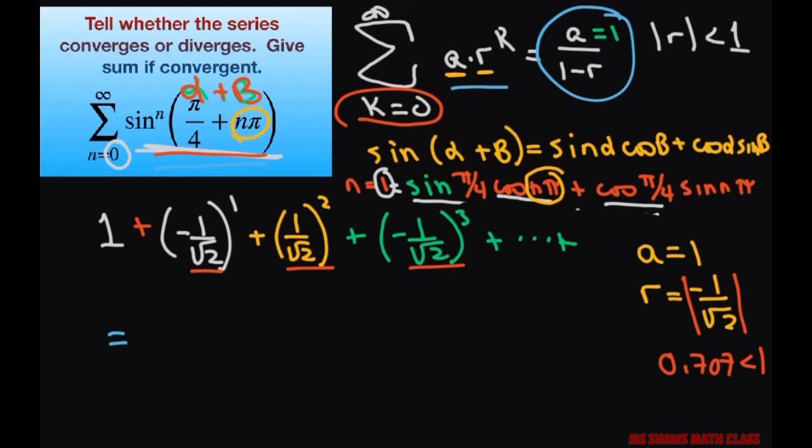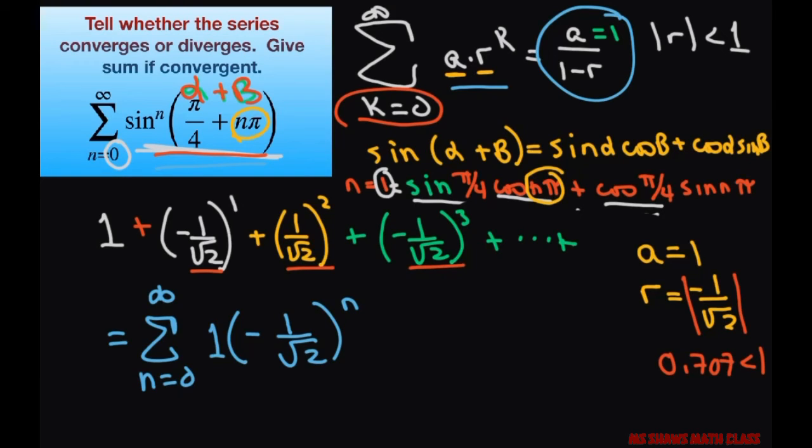We're going to have the sum as n equals 0 to infinity of negative 1 divided by square root of 2 to the nth power, and our first term is 1. All right, so I'm going to move on to the next slide and use this formula here.